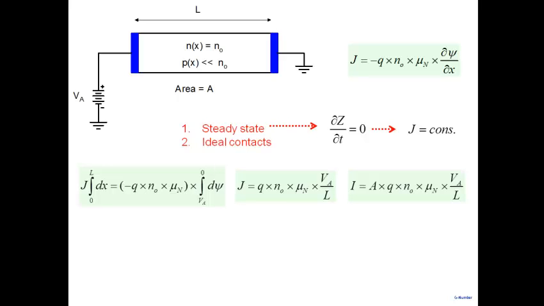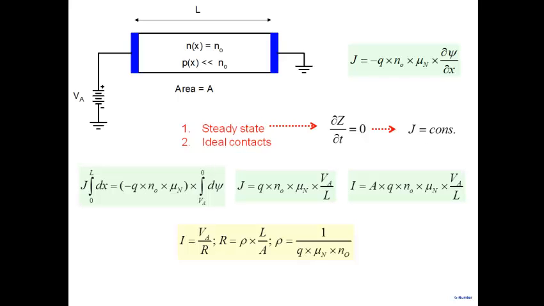So if you have this piece of semiconductor with same electrons everywhere, you apply a voltage, it will follow an Ohm's law with a certain resistance now. I equal to VA by R. All this can be written as R here, VA by R here. And then R we can write as rho L by A, you can see here, and we get an expression for resistivity, which is 1 over Q mu n N0.